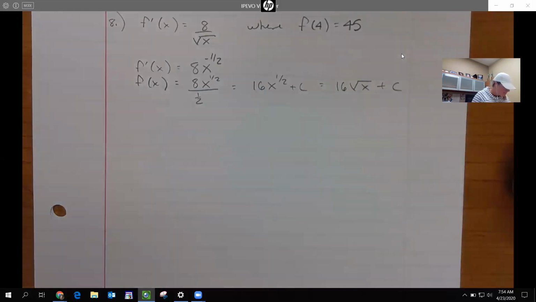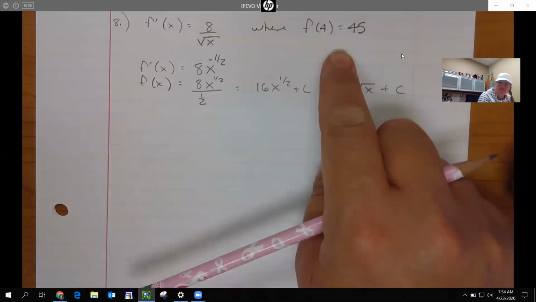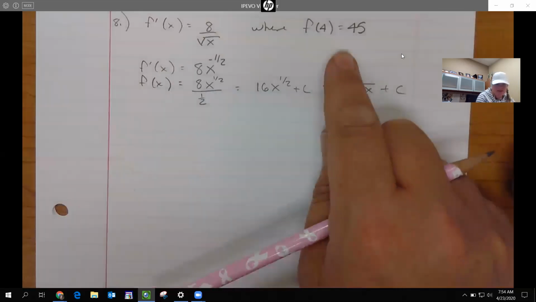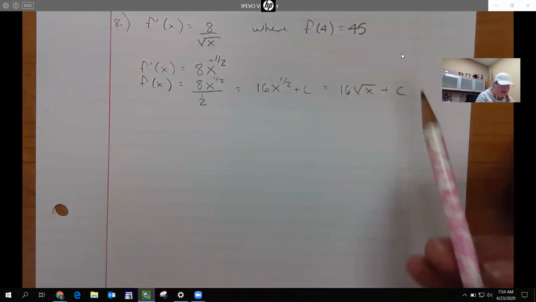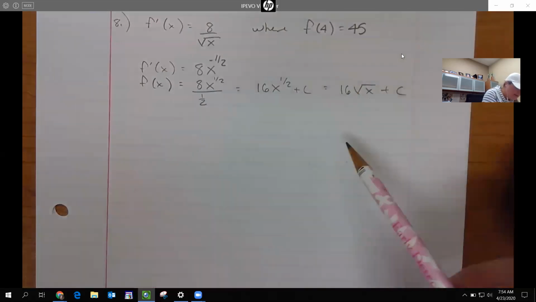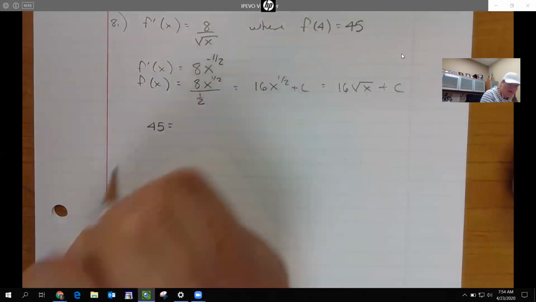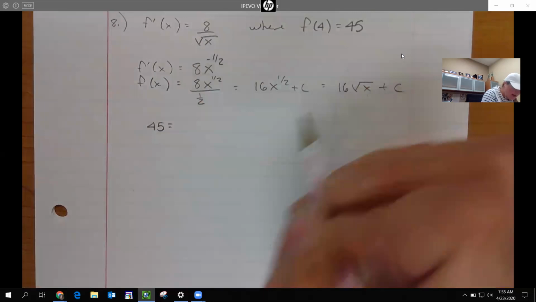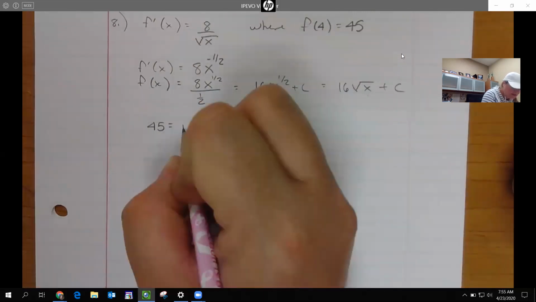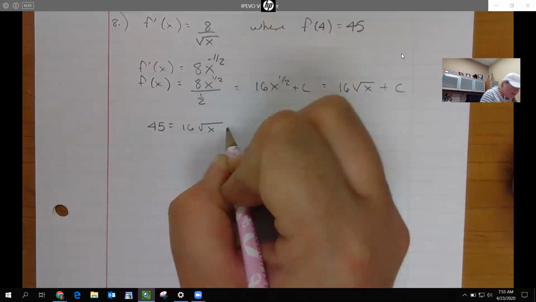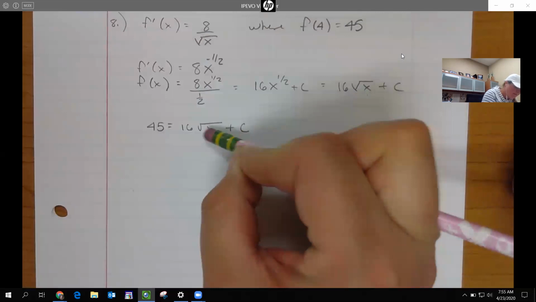Now I have this information, which will help me find my C. Here's my function. If I put the number 4 in, I get out 45. So let's write that formula. I would have 45, the y, equals 16 square root x plus C. What do we want to put in for x? The 4.